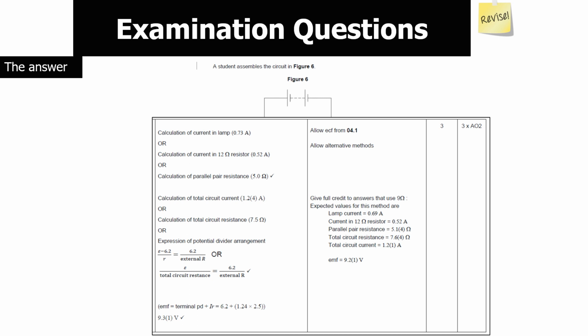So therefore you can work out your terminal PD to be 6.2 volts. You know what your current is because you can work it through to be 1.24 amps by working out the total current through the circuit, then adding them together. So you work the current in the lamp and the current in the resistor and add them together. Then you can times that by the internal resistance there, and then you get your answer out to be 9.3 volts.